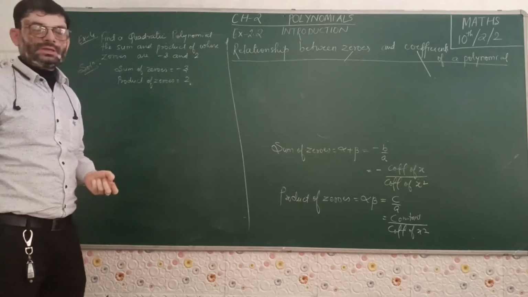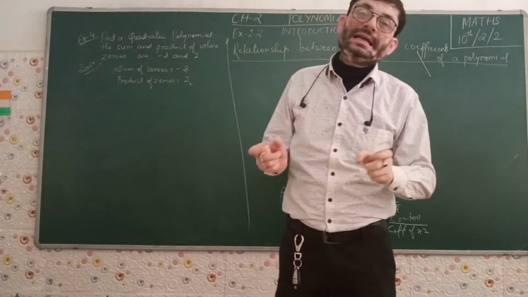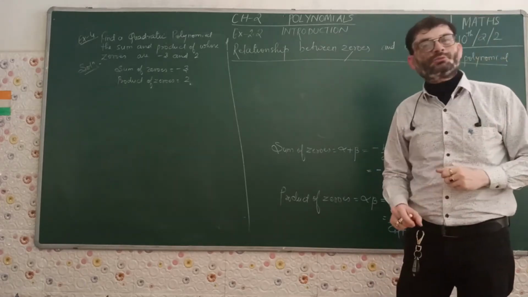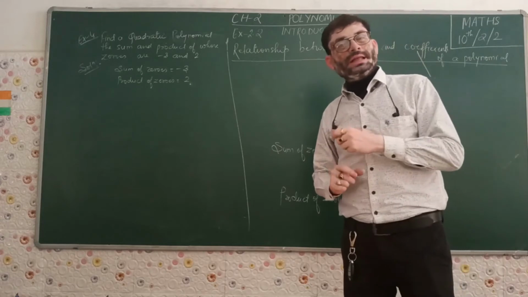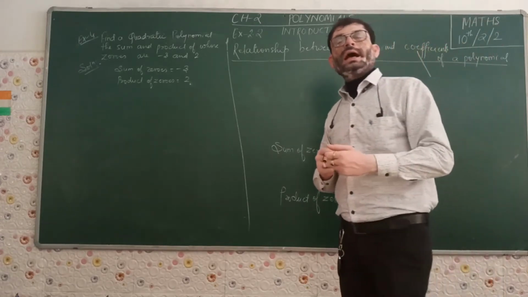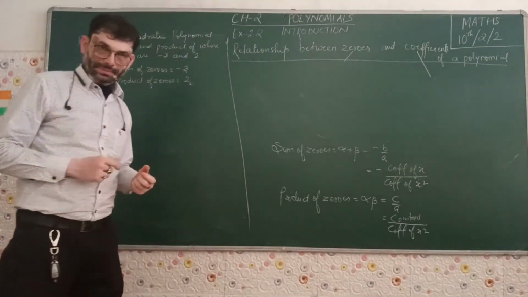In the previous questions, we were given the polynomials and we were finding the zeros of the polynomial, and then we were verifying the sum of zeros and product of zeros. Now here it's vice versa. Now you are given the sum of the zeros and the product of the zeros, and you have to find the quadratic polynomial.